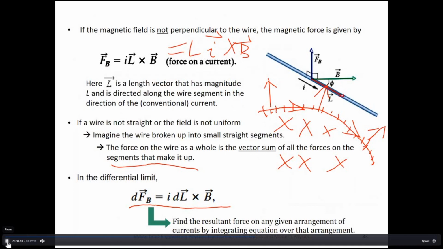Someone is asking how we should do the integration. If it is the x direction, for example, we integrate L cosine theta cross product with B. Speaking in general, we should have the integration over a three-dimensional calculation. If you really want to, you can take the force along the x, y and z directions, integrate in each direction, and then you have the total vector.